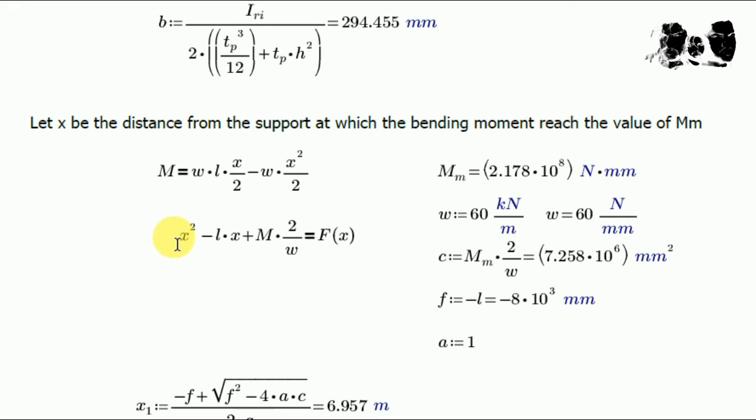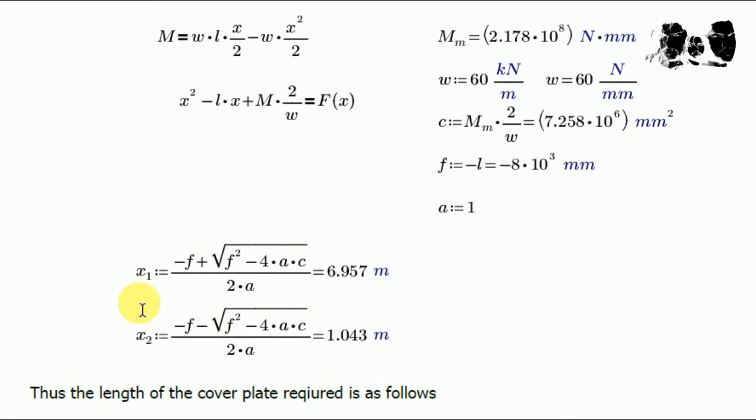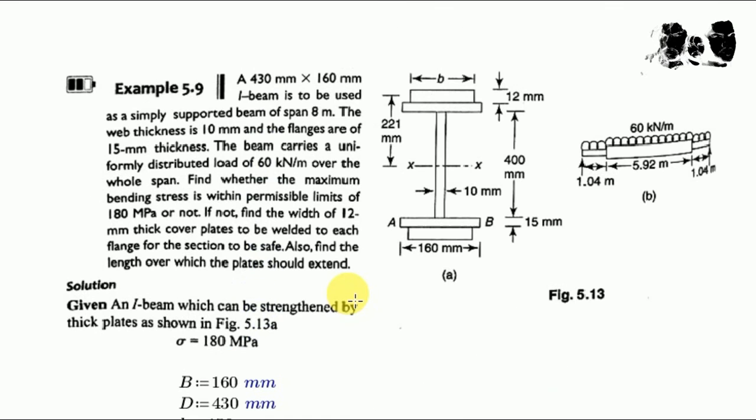For the value of A, because we already used B in the previous notation, that's why I didn't use B here; I use F in place of B. By applying the usual standard formula to find the roots of this equation in terms of x, we have 6.957 meter, and the other one is 1.043 meter. So these two values are the exact values where the length is needed.